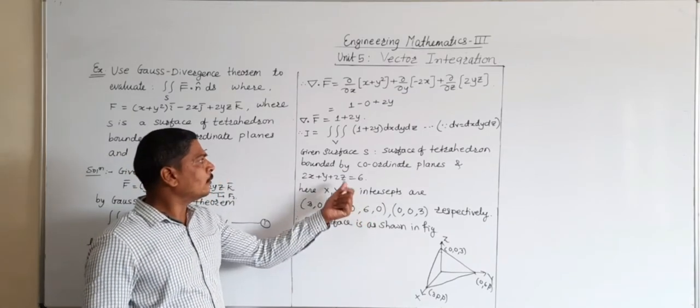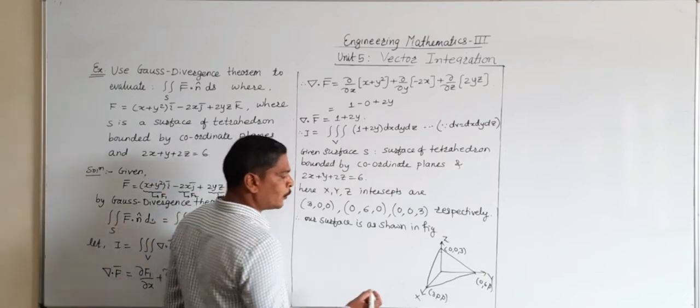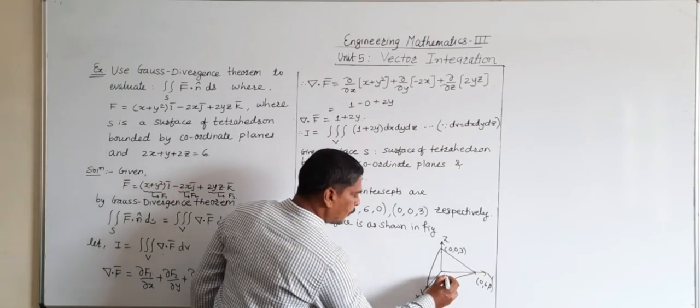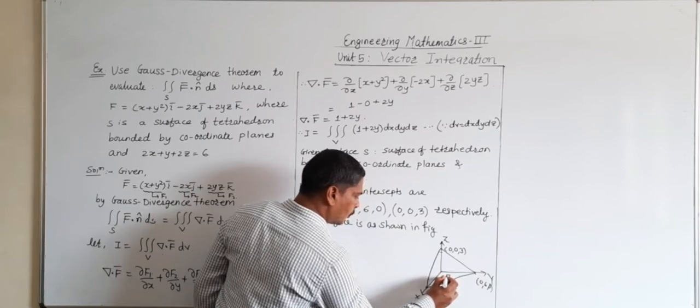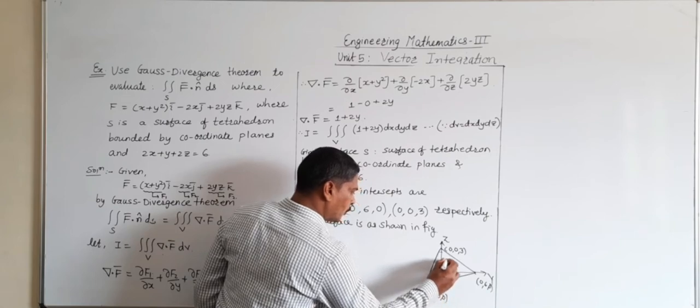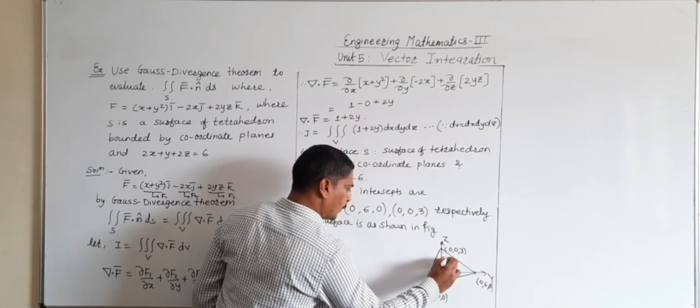Now we require to find the limits for x, y and z. So for finding the limit for z, I will draw a rectangular strip parallel to the z axis in our region. So our strip will be like this.